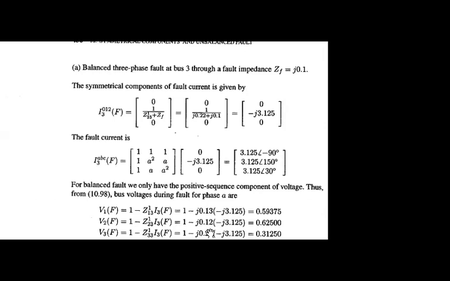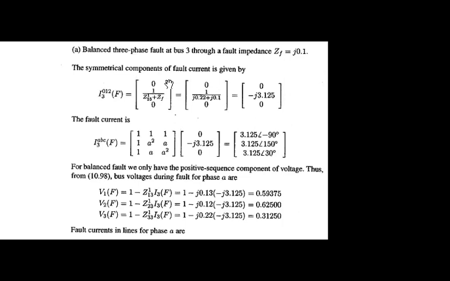And Z33, what will be the Z33 value in terms of the bus 1 matrix, or Z bus 1? This is Z33, right? So you can put that information in to find all the bus voltages V1F, V2F, V3F during fault.